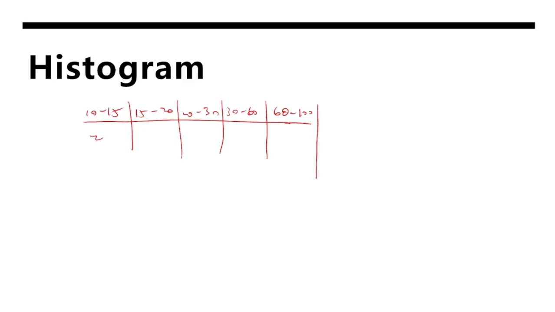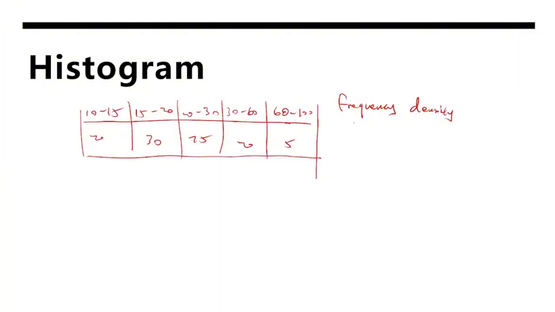And we have 20, 30, 75, 20, 5. So in order to draw a histogram, we need to calculate the frequency density. Since it's density, we know that density is mass over volume. And in this case, what's the volume? The class width is the volume, and the frequency is the mass.